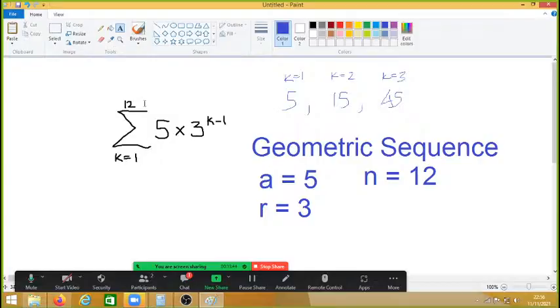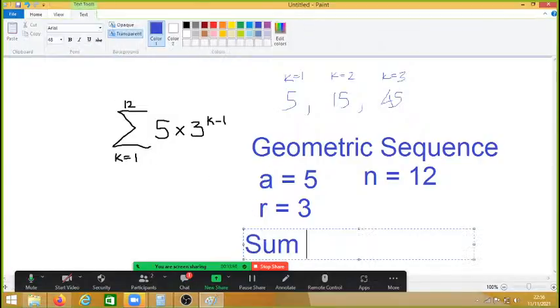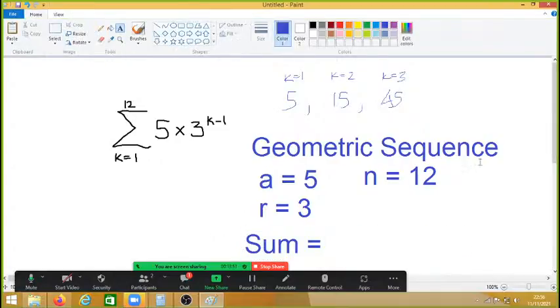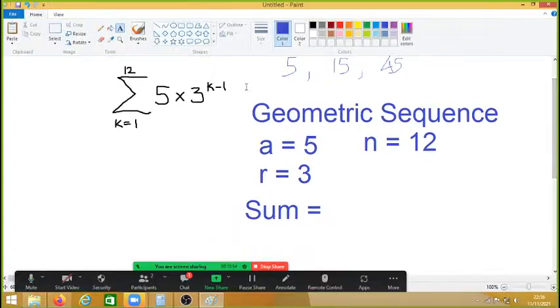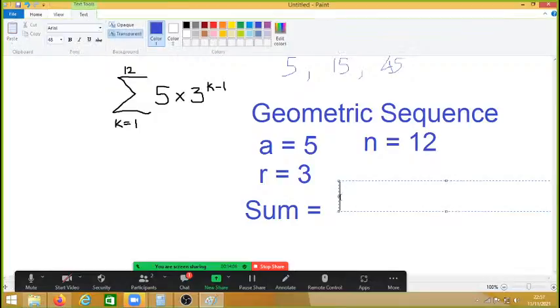We're asked to work out, this is the sum symbol, so we need to work out the sum. So what's the formula for the sum of a geometric sequence when there's 12 terms or n terms? It doesn't start as n over 2 because that's an arithmetic sequence. So for the sum of a geometric sequence, how does it go?